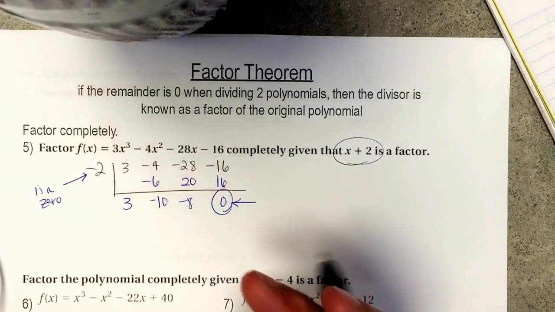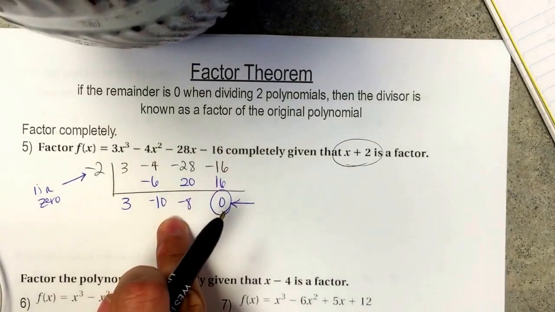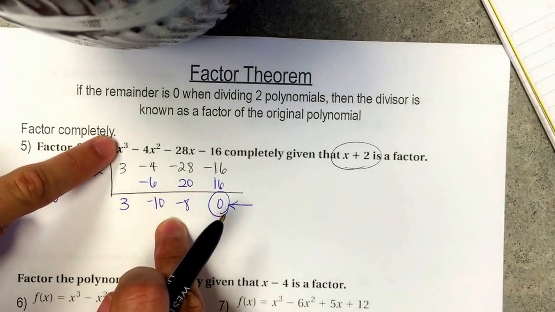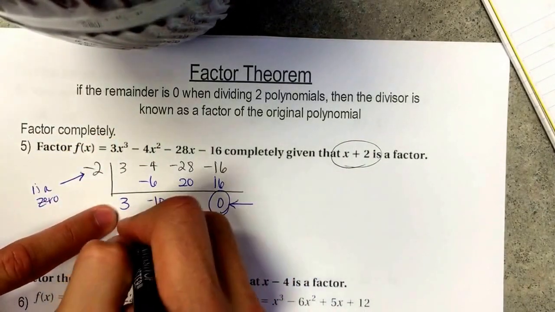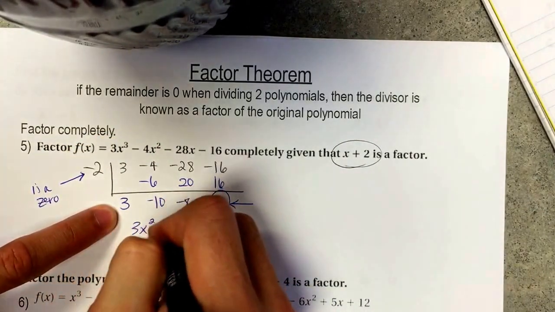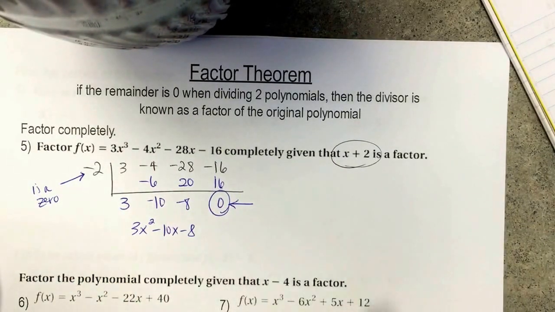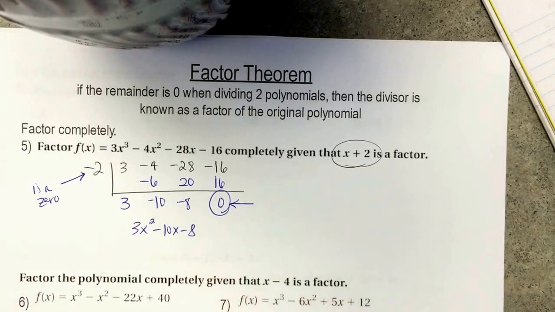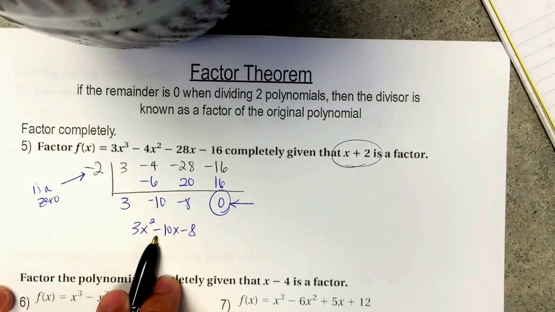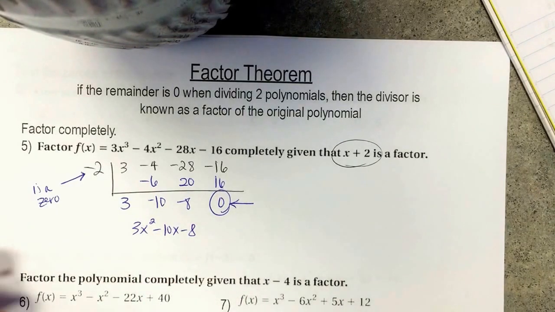Now, why is this important and how does this help? Well, this went from a cubic, this is now a quadratic. That's 3x squared minus 10x minus 8. So if I want to factor the rest of this, this now is pretty easy to factor because it's now a quadratic. So we can use our methods to figure out, well, what are the rest of the factors? And then in turn, what are the rest of the zeros?